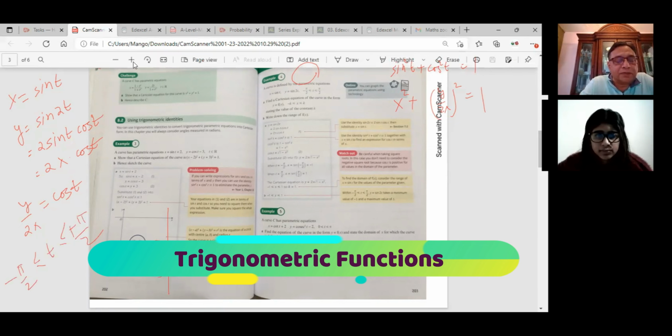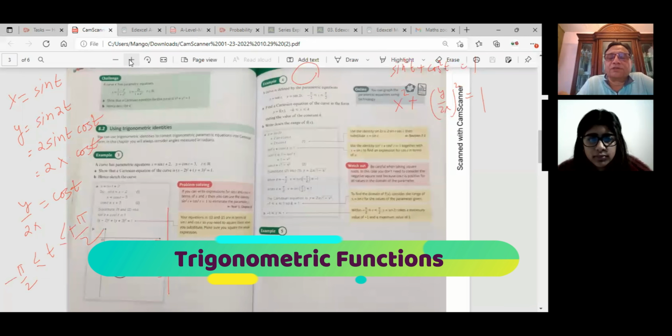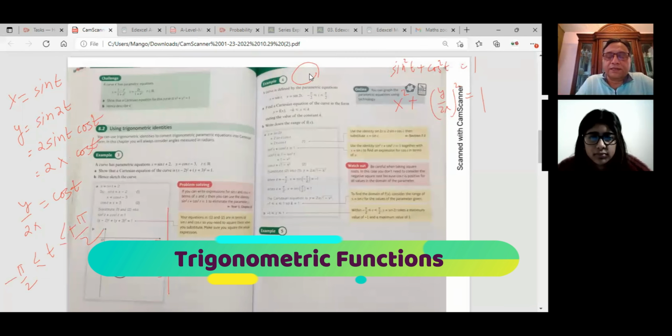So it goes from minus pi by 2 to pi by 2. That is the domain, correct? So anyway, we get this equation, which is the given equation for the case.